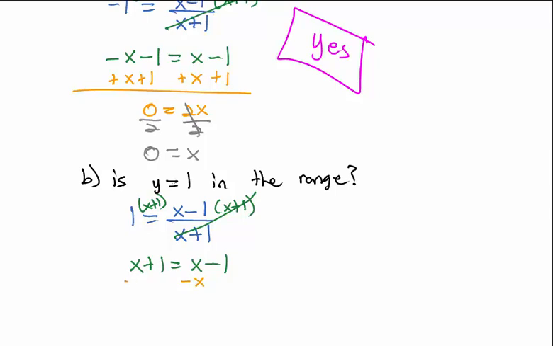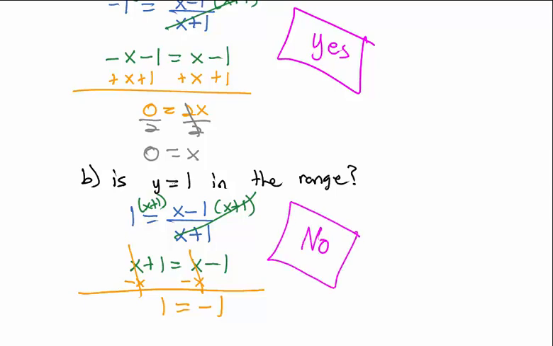Get the variables on one side by subtracting x from both. Notice x minus x is 0 and x minus x is 0. We're left with 1 equals negative 1. Except it doesn't. 1 and negative 1 are very different numbers, so we will say no, we never got an answer. Y equals 1 is not in the range.